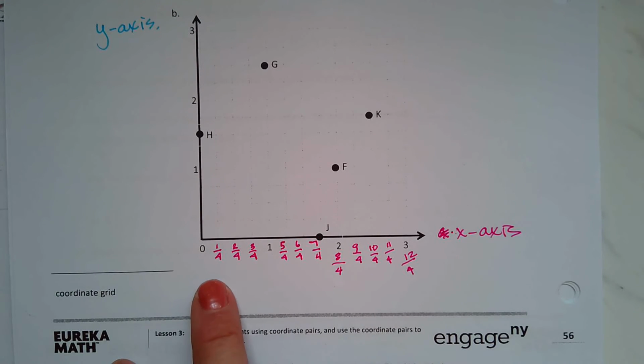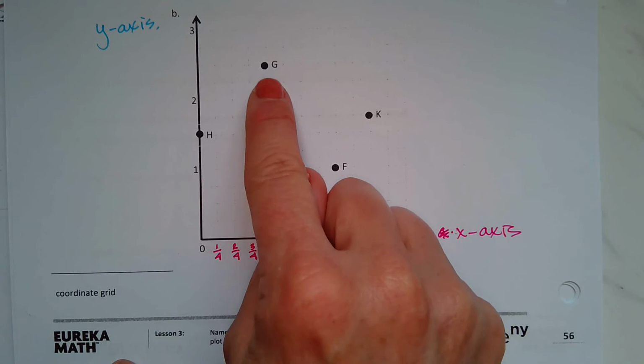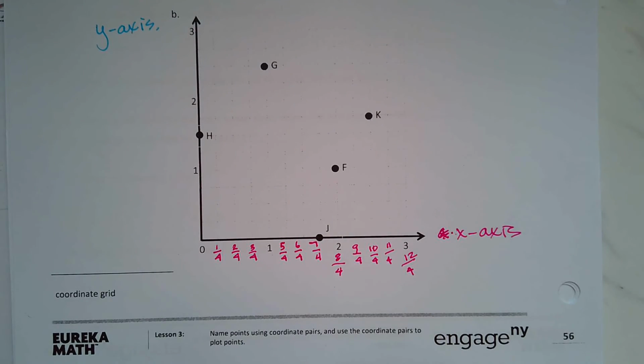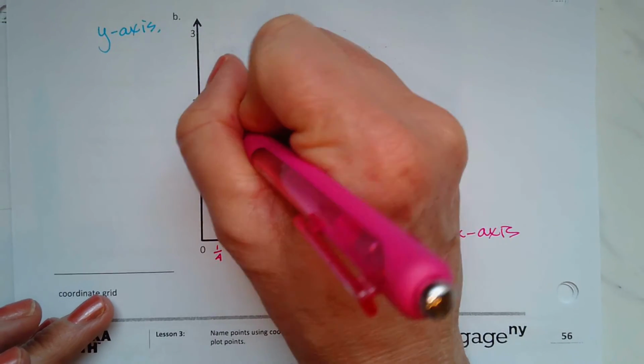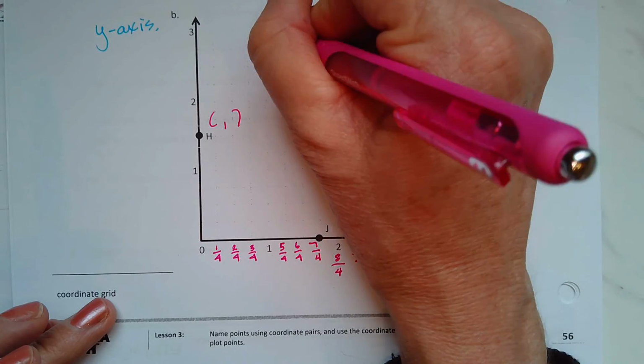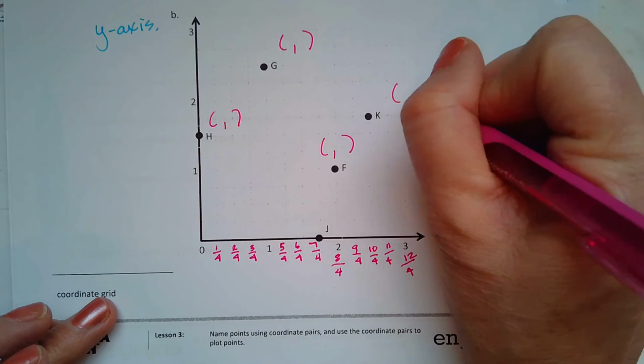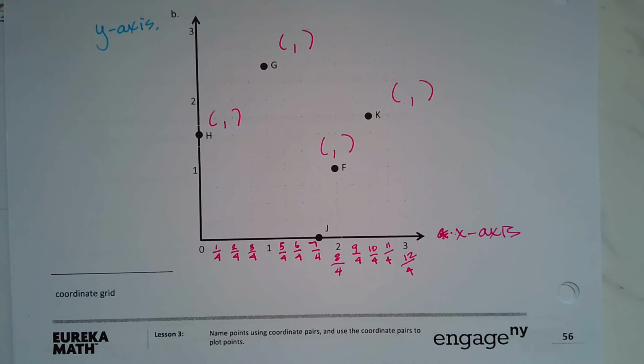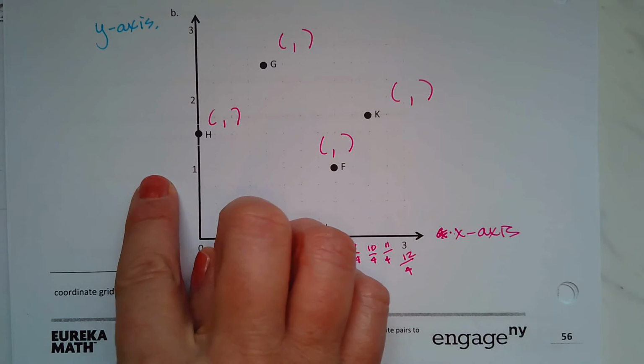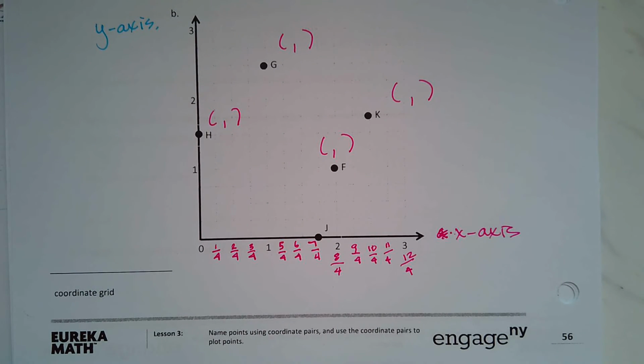Then I want you to give the coordinate pair for each of the points. So this activity right here is going to take us right into our concept development. So go ahead and label and create your coordinate points.